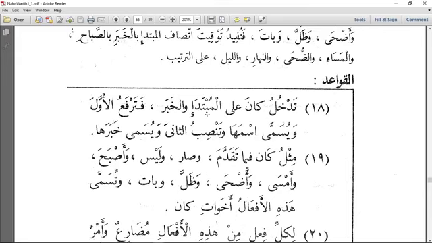So for singular or other plurals, the sign for raf'un in nouns is dhamma. So it will give the first ismu dhamma or yusamma ismaha, and then it is called ismu kana. The first one that is given raf'un will be called ismu kana.